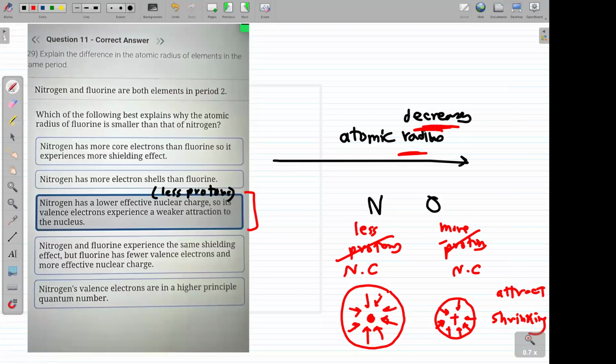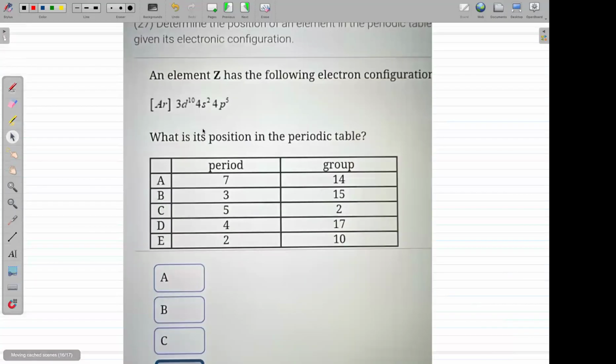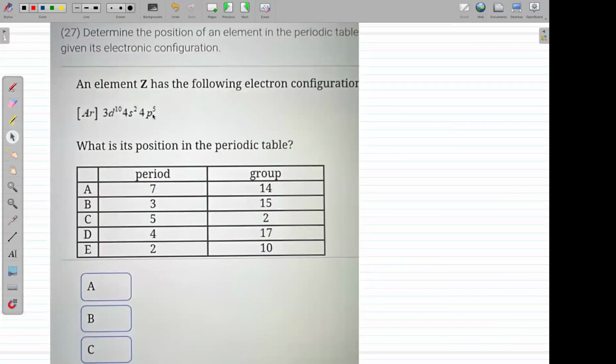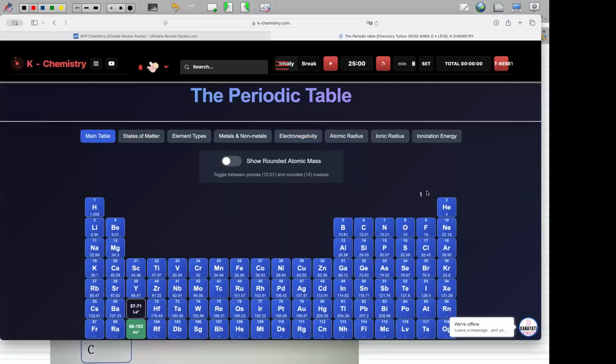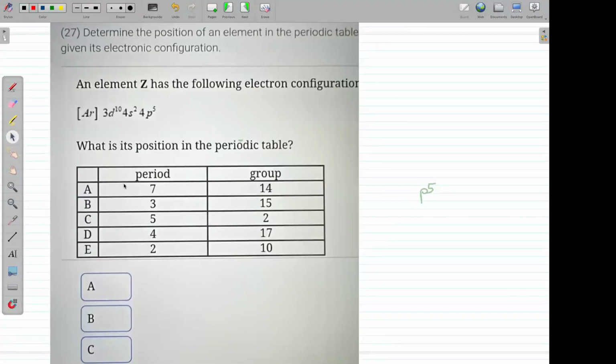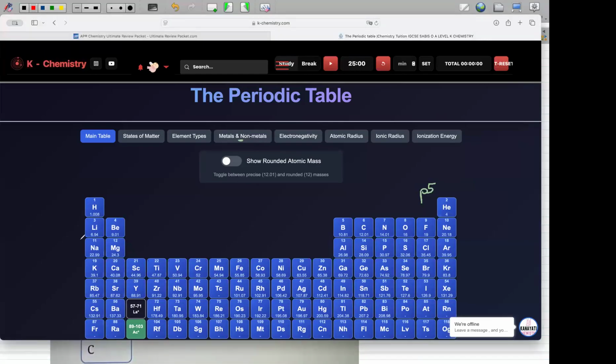Determine the position of the element in the periodic table using its electronic configuration. We say that it is 4p5. Mister, I know that p5 means this group automatically. And if he told me that it is in period number 4, how did you know? Because he wrote 4 here. That makes things very easy, because I can just go to the periodic table, see where period number 4 is, and go here.